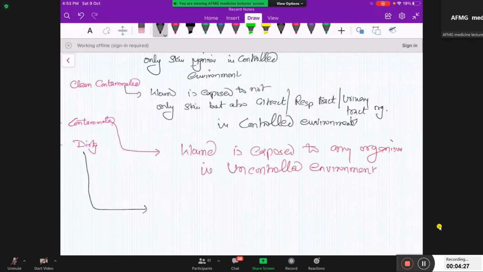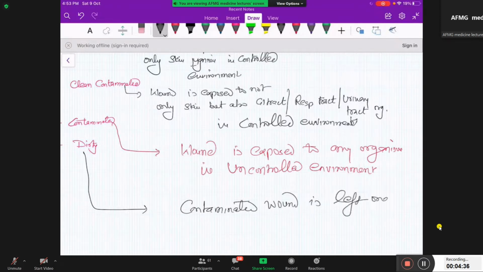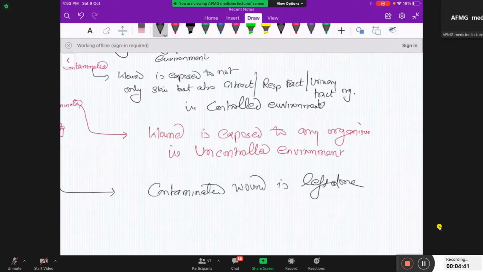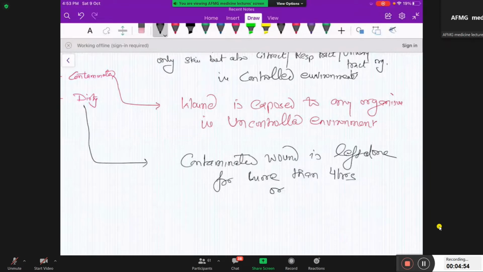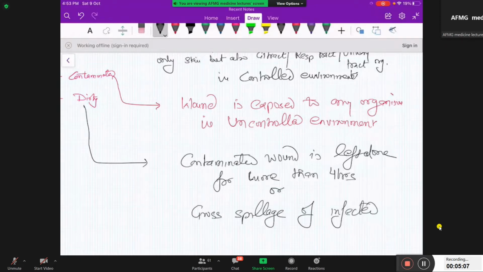Dirty wound is when a contaminated wound is left alone for more than 4 hours, or when there is a gross spillage of infected material on the wound.